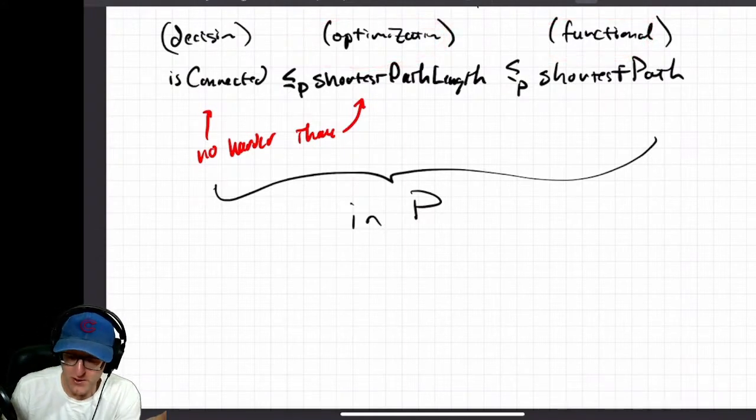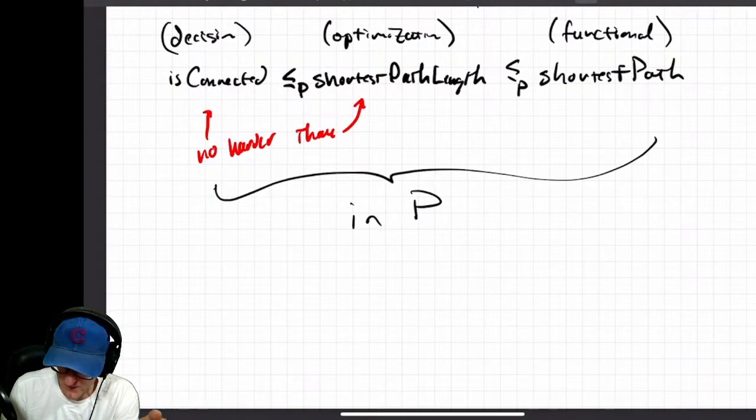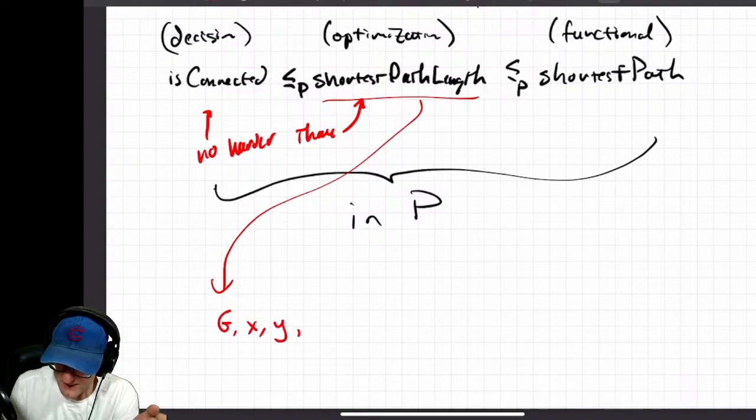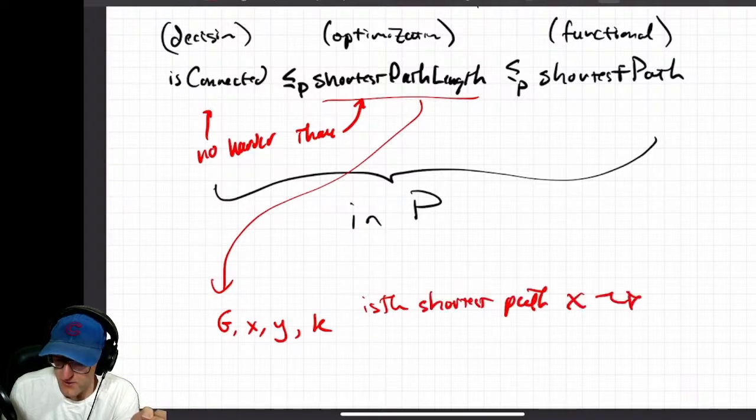Remember the trick that we did, right? That we'll translate this into a decision version by simply taking G, X and Y, and K, and asking, is the shortest path from X to Y of length K? I'm not asking for the optimal K. I'm just asking, all right, here's the input, 5.